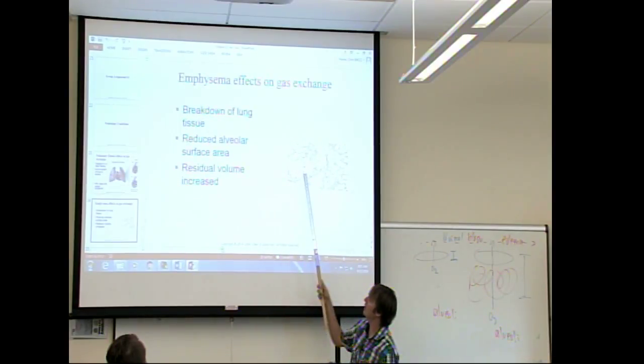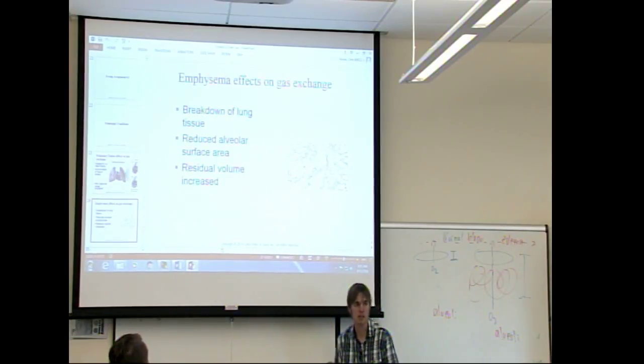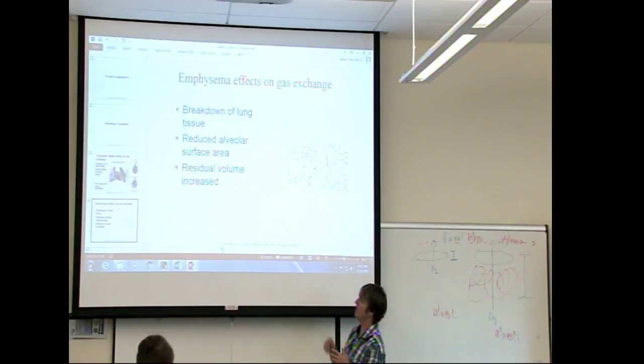Instead of these nice tiny little grape sacs, you'll end up with basically big holes. So instead of a big cluster of grapes, you end up with just one big circle, which is less surface area for the volume. And if you have less surface area, then you're going to have less diffusion, or slower diffusion.